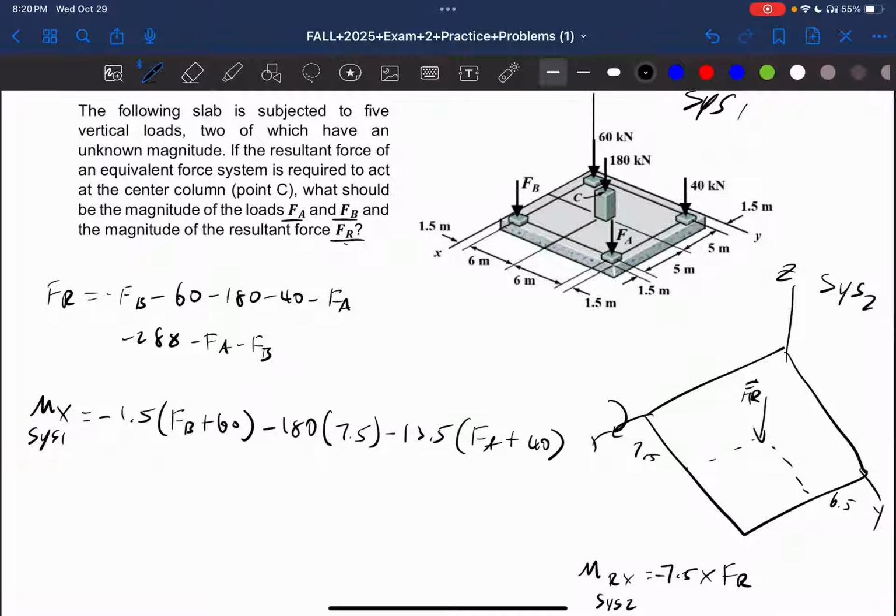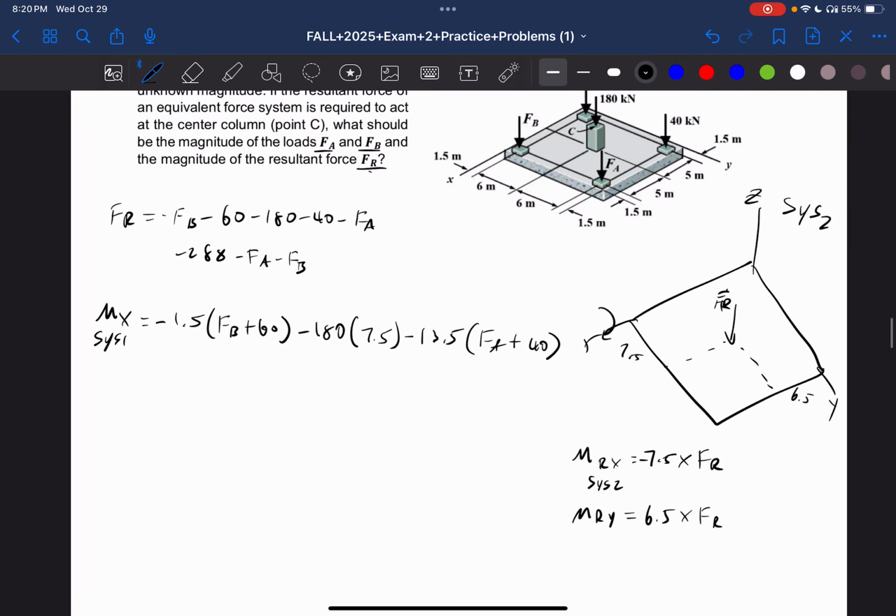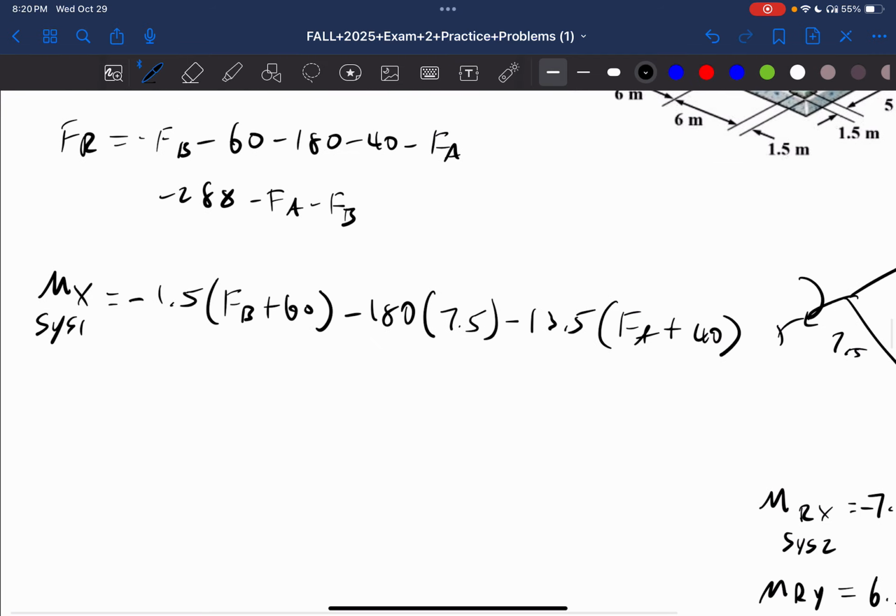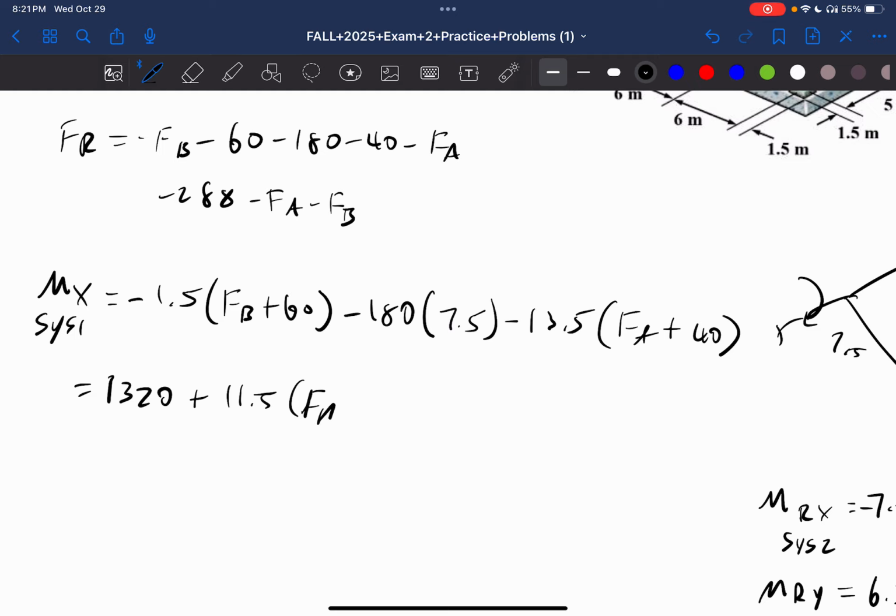So that's the sum of the moments around X. Put that in your calculator, it's going to be 1320 plus 1.5 FA plus FB.